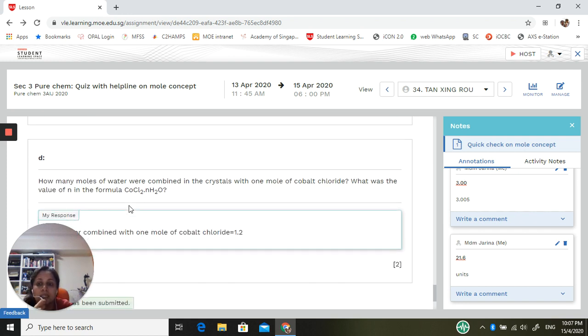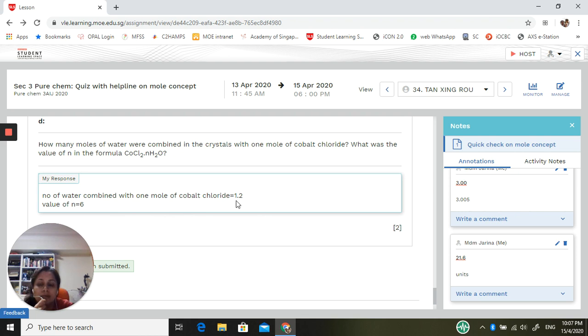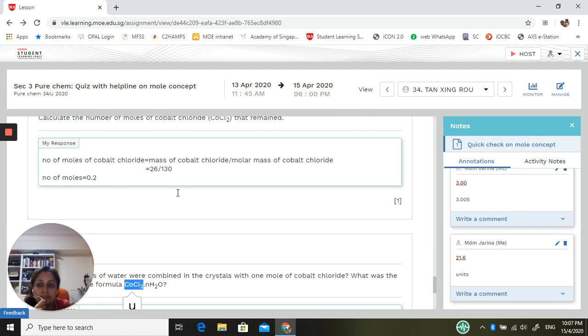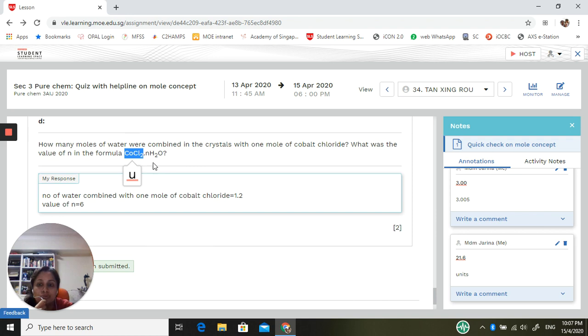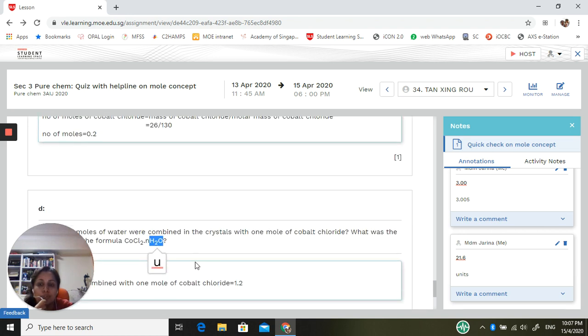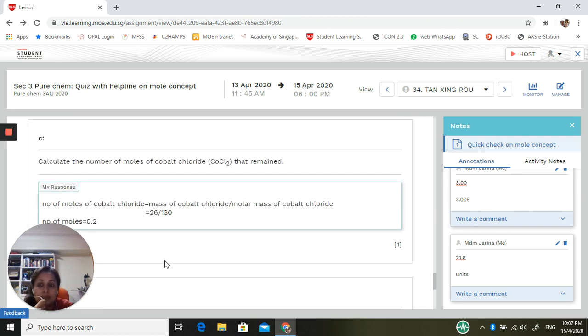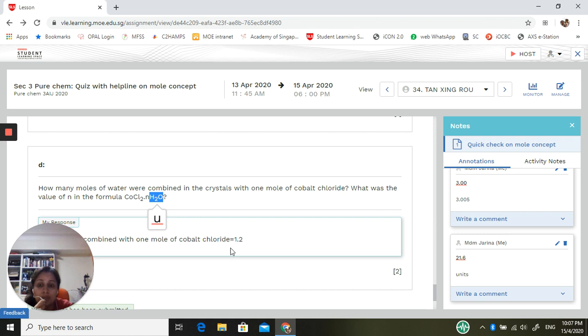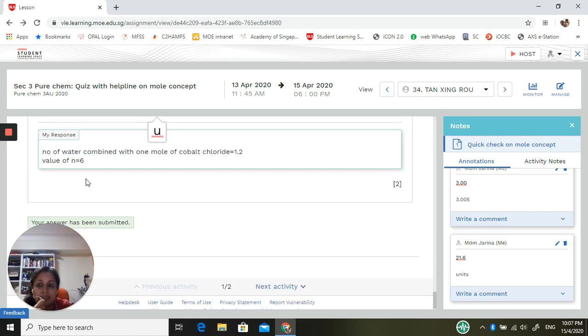Okay, how do you get n equals 6? So probably this was the mole ratio. This was 0.2, this was 1.2. So how many times? 6 times. This is small, so 1 ratio. This is 1.2 divided by 0.2, you have 6. So n is 6 molecules of water.